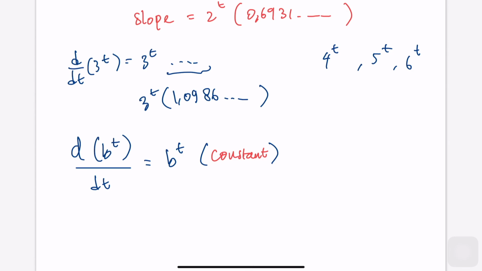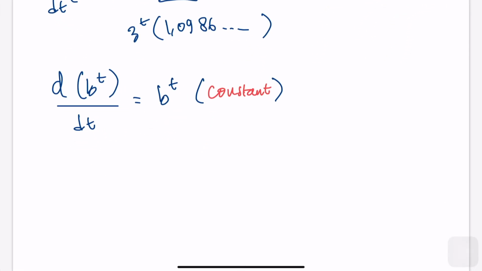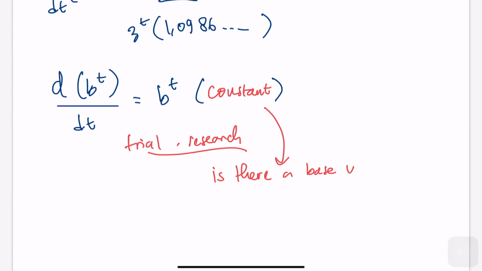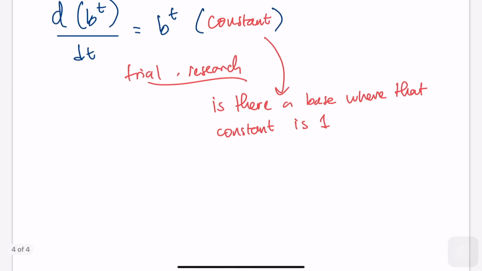And then by some extensive trial research, some mathematicians found out, so the question is, is there a base where that constant is 1? And it's actually E. Should be 2.718.